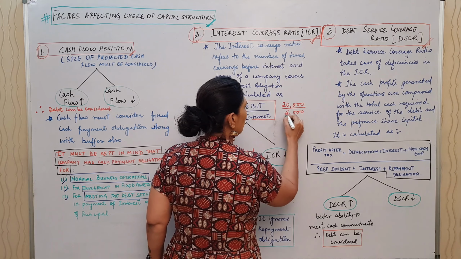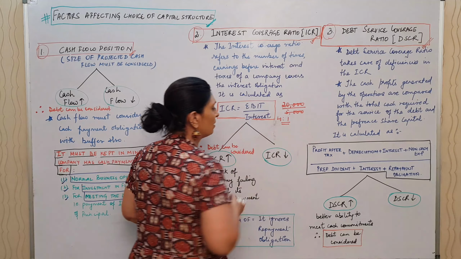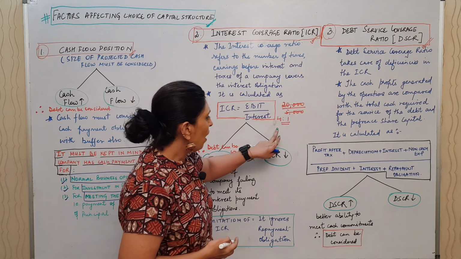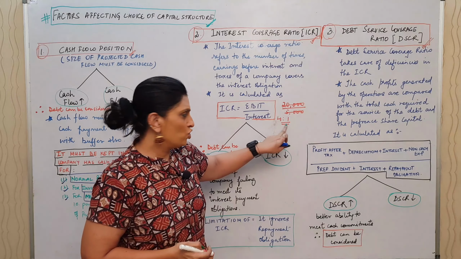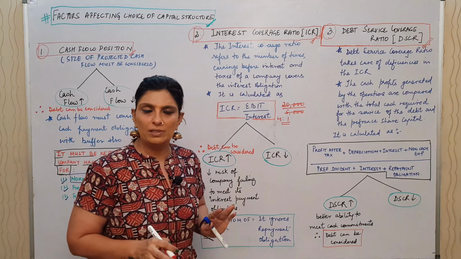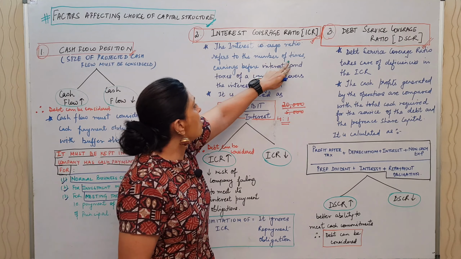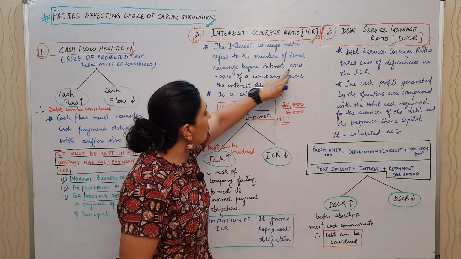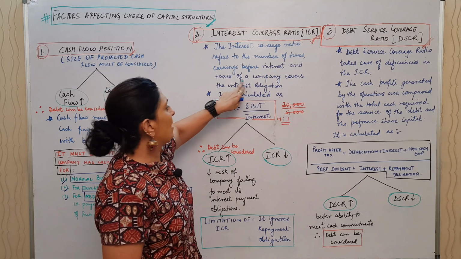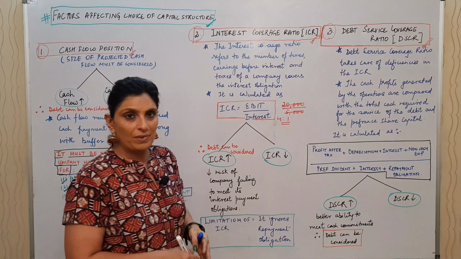So what is the ratio? 5 4s are 20, 4 is to 1. That means out of 4 rupees you have to pay 1 rupee as interest. The interest coverage ratio refers to the number of times the earning before interest and taxes of a company covers the interest obligation.